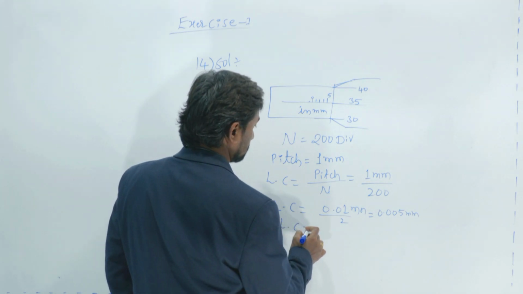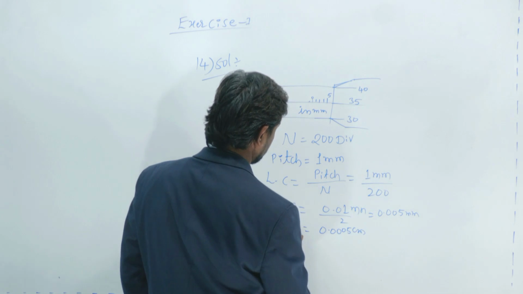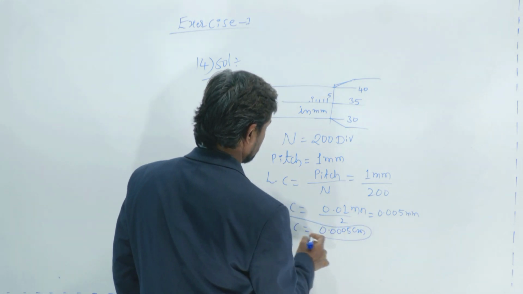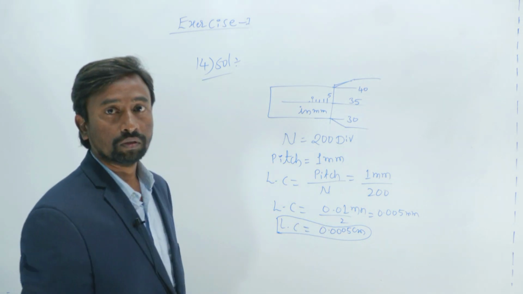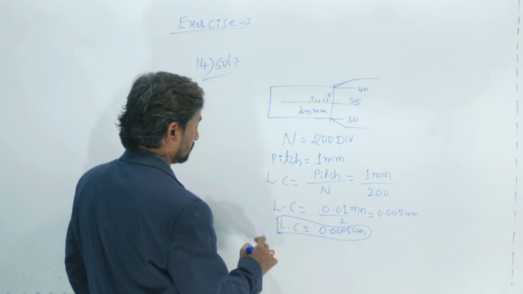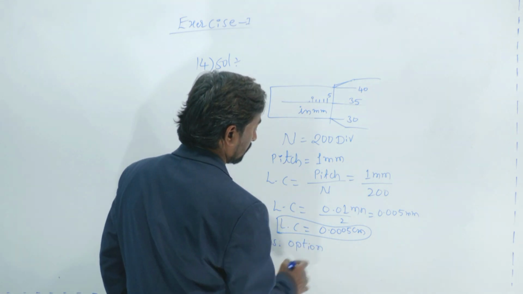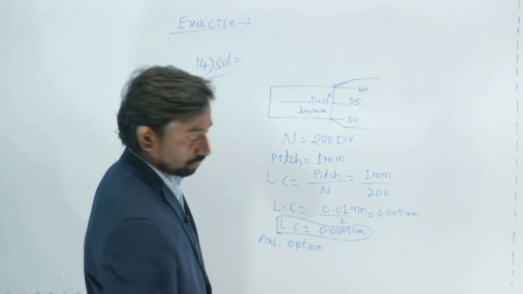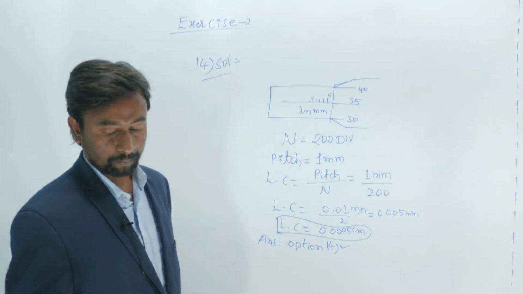So LC is equal to 0.0005 centimeters. Okay, so now the answer is option 4.